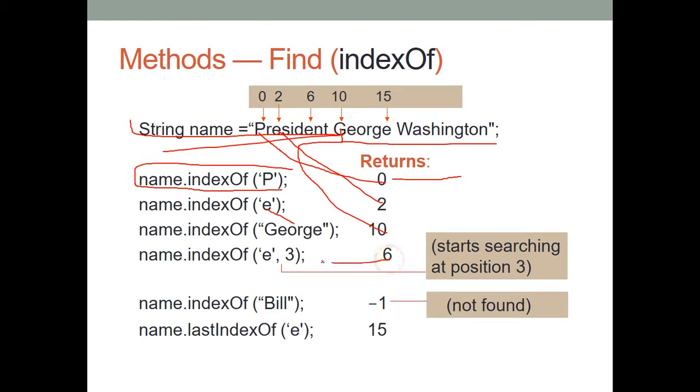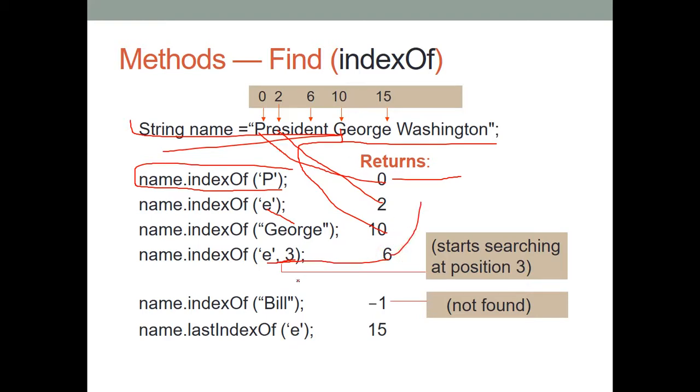Okay, 6 means e after 3, so you can go directly to e positions up to 3, so it will give you 6. So 1 2 3, and after 3, whatever e position is, it will give you 6. So 1 2 3 4 5 6, like that it will give you.